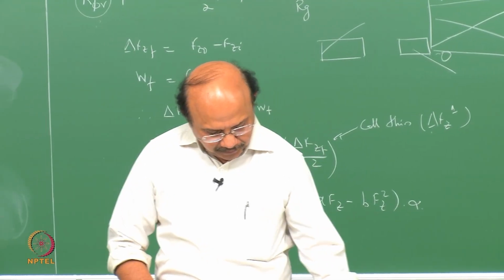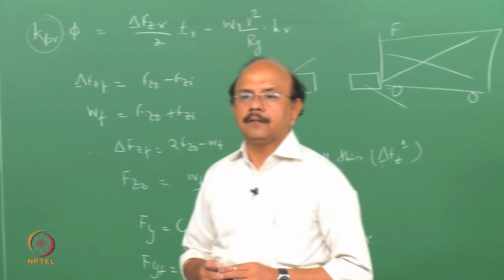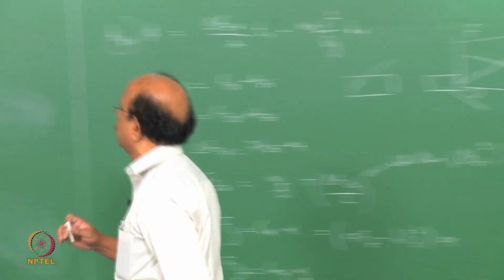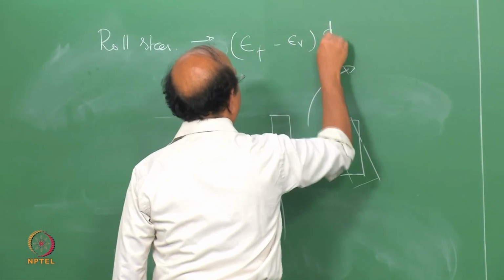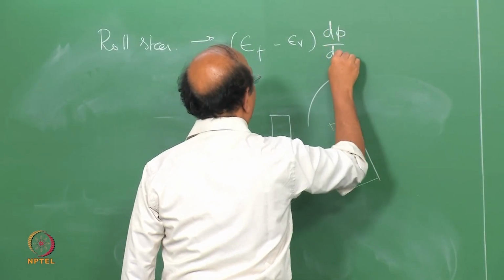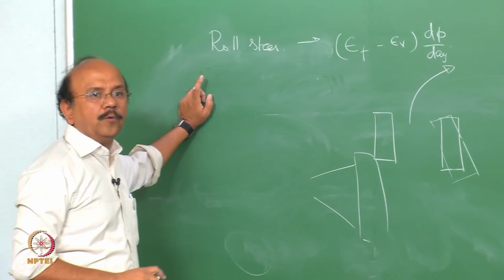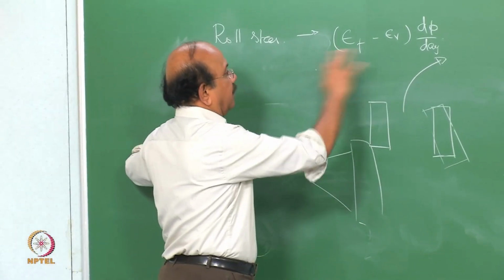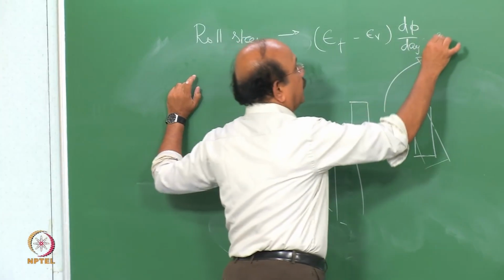We would define epsilon f to be degree. That is, we will say epsilon f minus epsilon r into d phi by d ay. So we would say that the delta that is affected is something like this multiplied by ay.